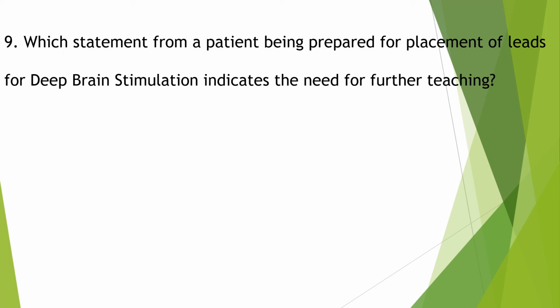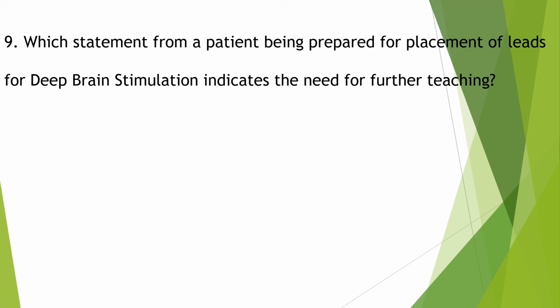That is, it has a pulse generator, then it has a lead, then it has an extension, and this lead is placed under local anesthesia. We are not giving general anesthesia, just under local anesthesia we are placing the leads in the skull.